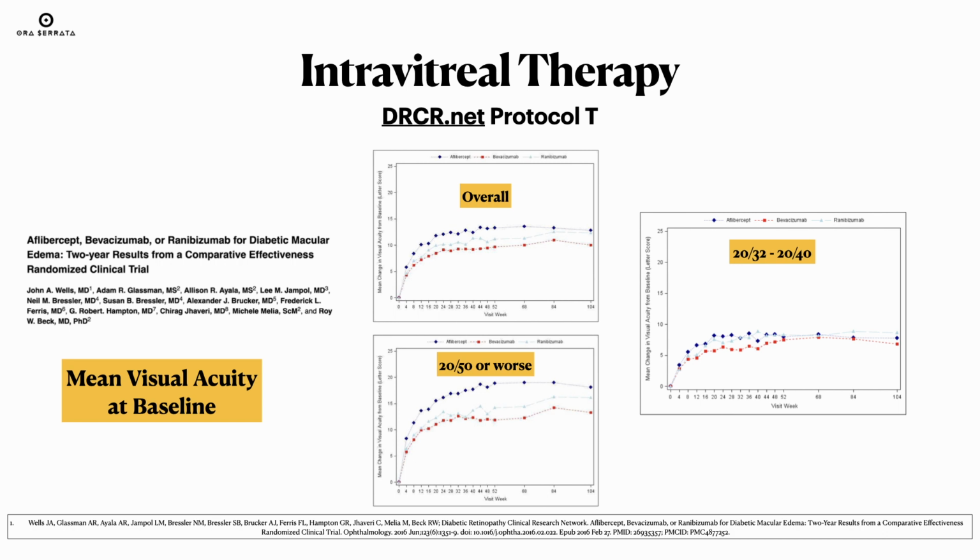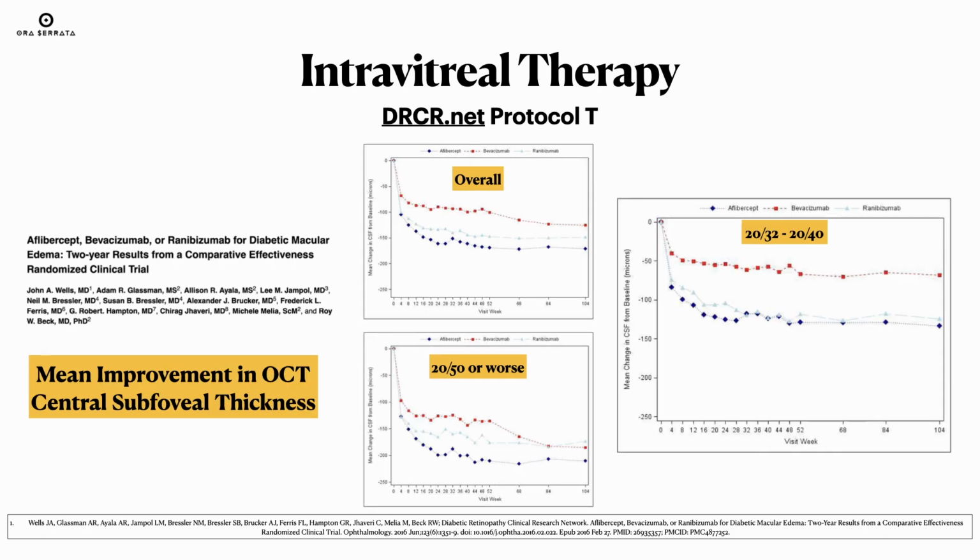However, when the visual acuity was 20/50 or worse, then aflibercept had better visual acuity gains. Also, in cases where the visual acuity was 20/50 or worse, aflibercept had a better reduction in central retinal thickness.